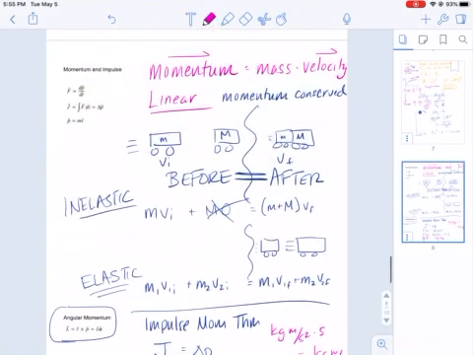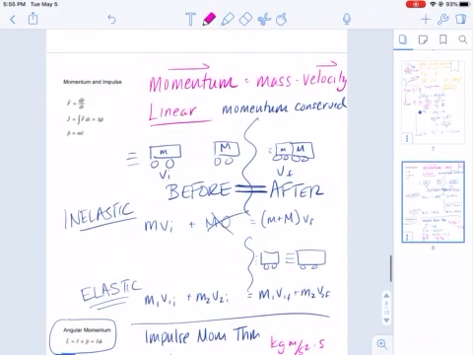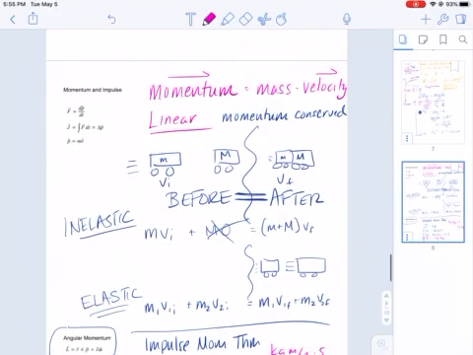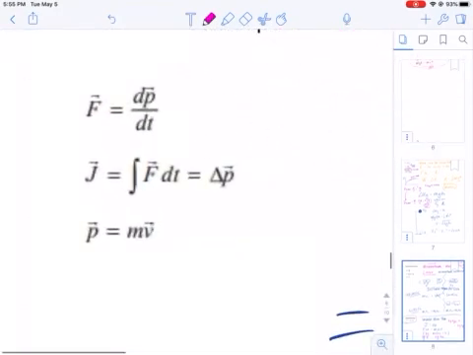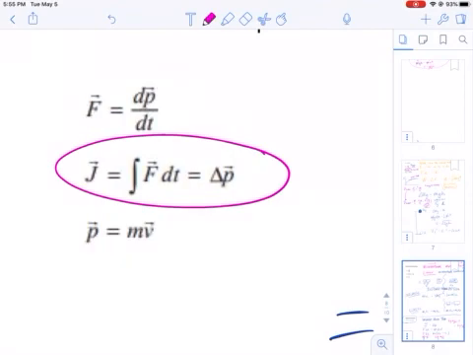Okay, so for angular momentum, again, this refers to a rotating object.